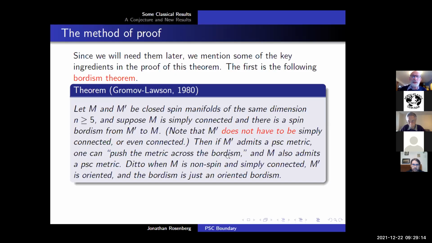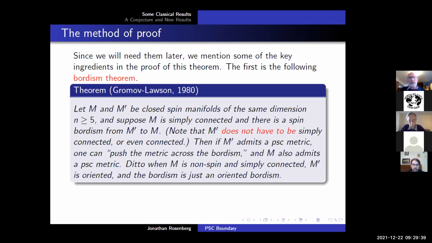The spin condition comes in for the following reason. A spin structure, this wasn't obvious from the way I defined it, but turns out to be equivalent. The spin condition is basically the statement that you can trivialize the tangent bundle on the 2-skeleton of the manifold.